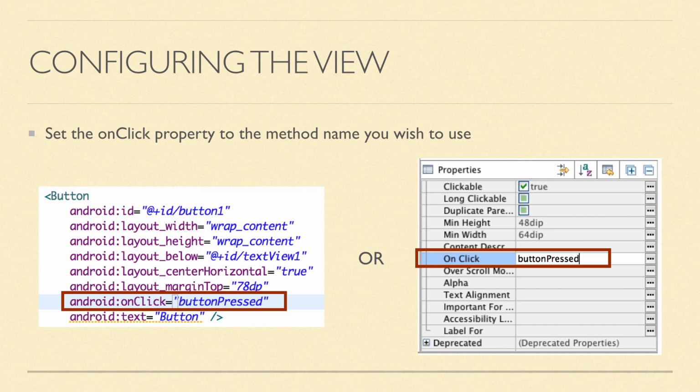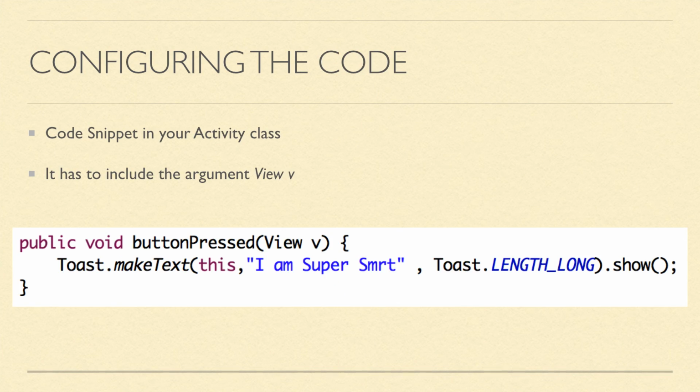Whatever it says there, where it says button pressed, that's going to be the method that it runs in the code, which is there. So it looks for button pressed with view as the argument. You have to have that there, otherwise your program will crash. And then whatever's in between the brackets, that runs. And what the Toast.makeText does is it just pops text up on screen. It's like a temporary alert, almost, a notification.